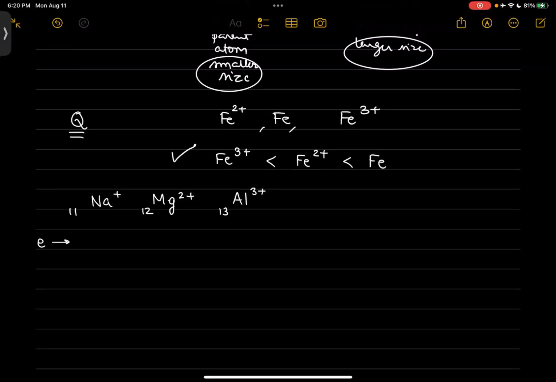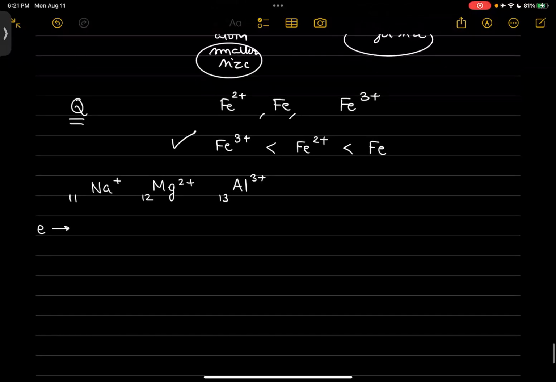How many electrons? Sodium, Na plus. Will they be exactly 11? There will be 10. Yes.